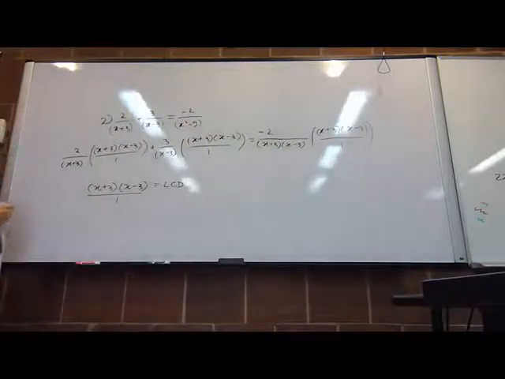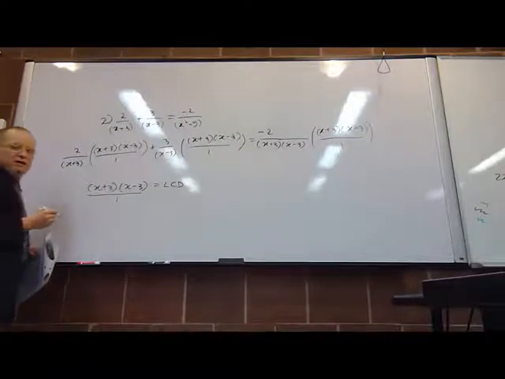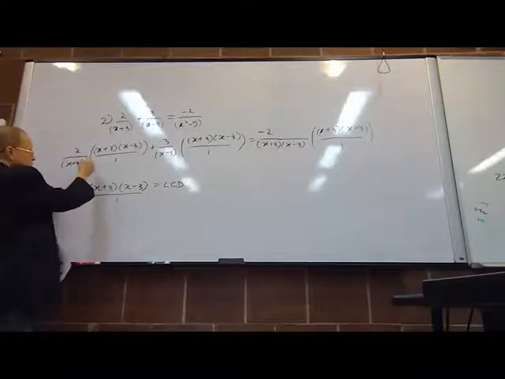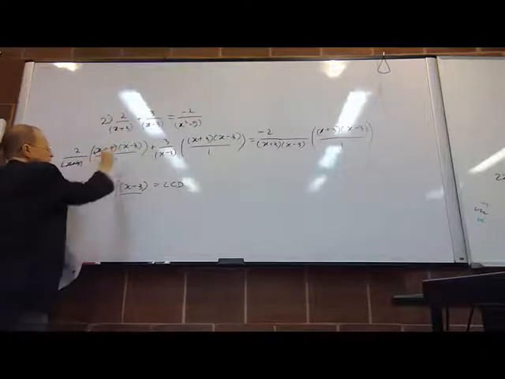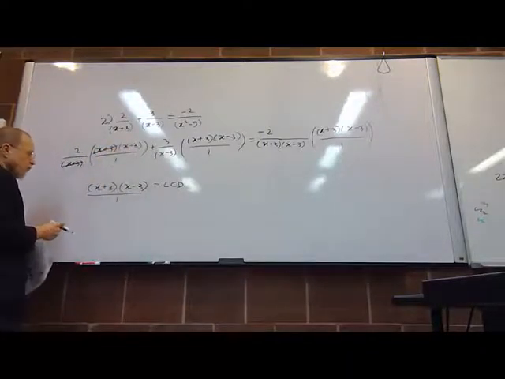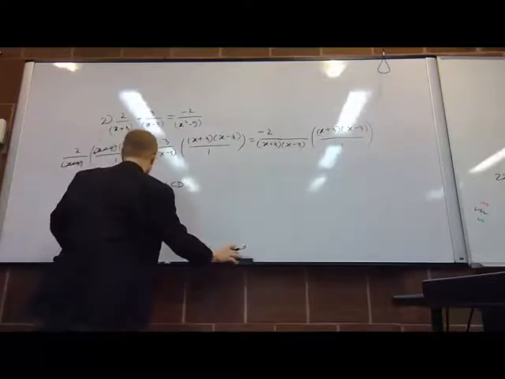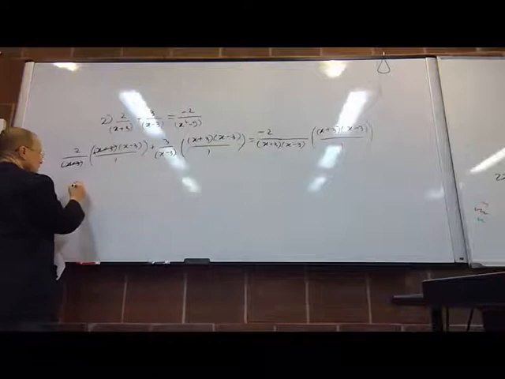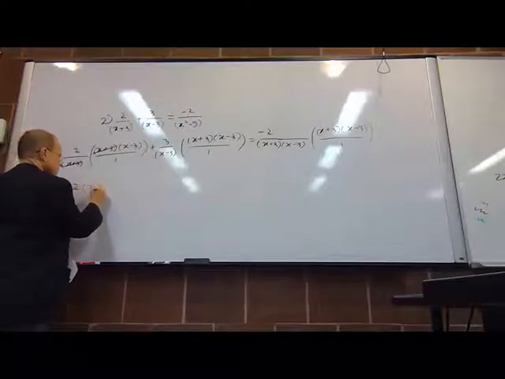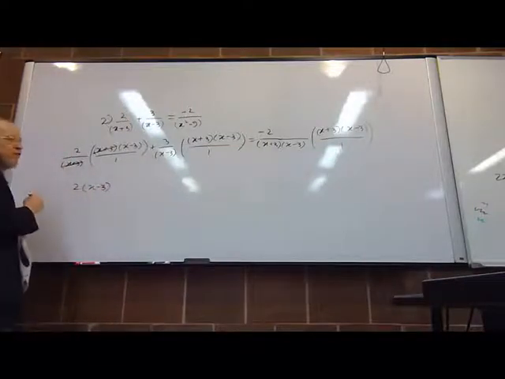So now I start doing the same thing that I did for the other problem. I'm going to look at the factors they have in common. So here, and that's the one that's left over. I can erase this now. So now I have 2x minus 3 for my first term.